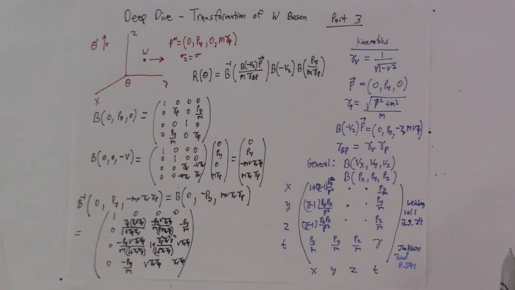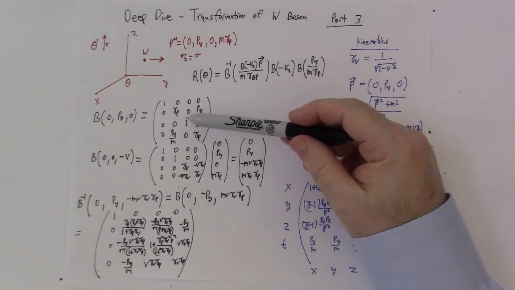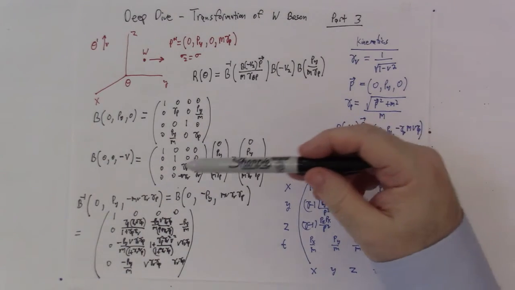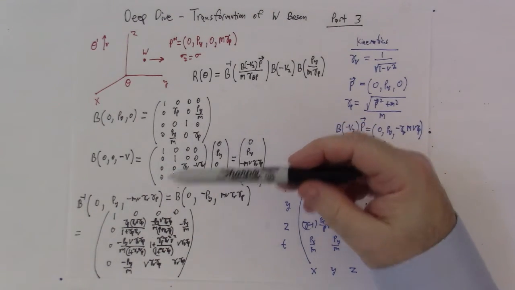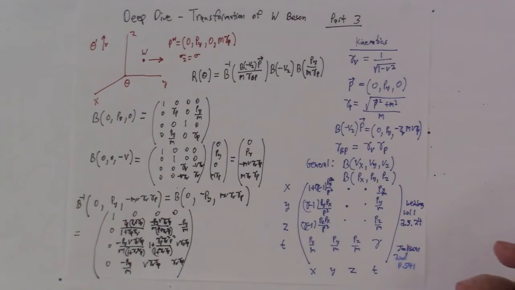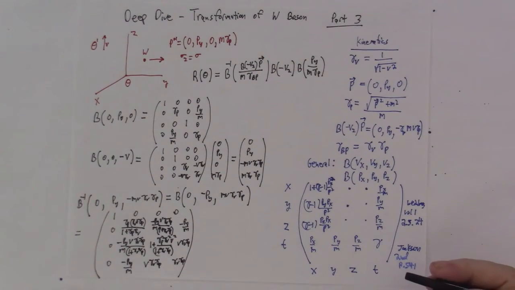So that's it. It's kind of ugly, and it gets even uglier because what we need to do is multiply this matrix by this matrix by this matrix. So, as I said, I actually did this by hand and by software, and I may put my notes below this video showing the calculations.